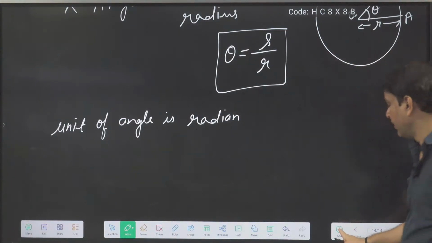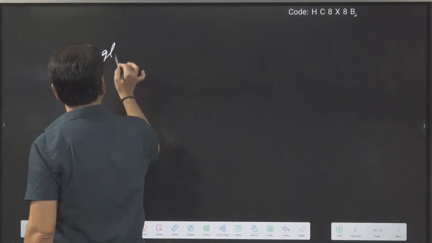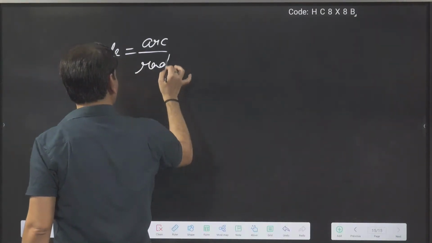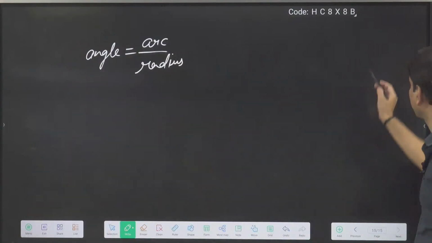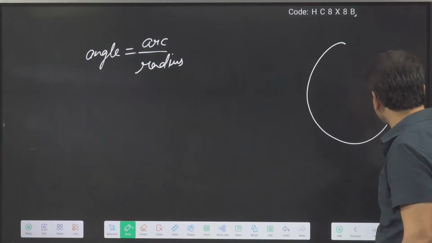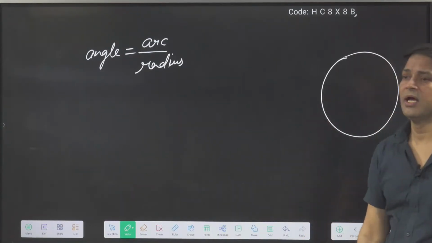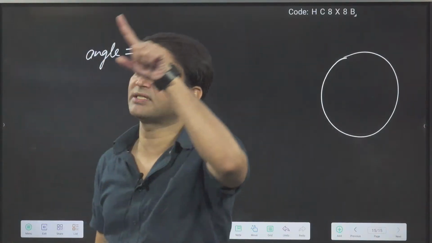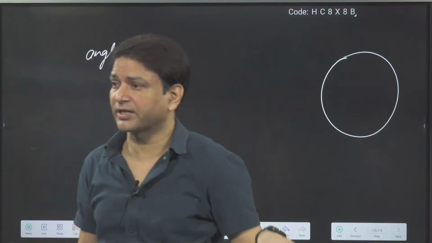Everybody completed? Now when I am using the formula angle is equal to arc upon radius, suppose I am considering the complete circle. Complete circle means the arc length you will take is the circumference. And what is the circumference of the circle?